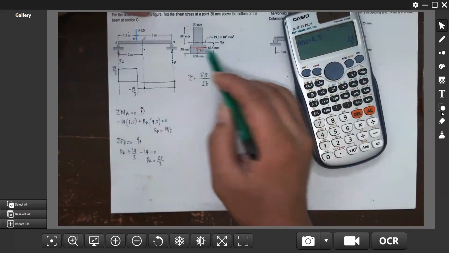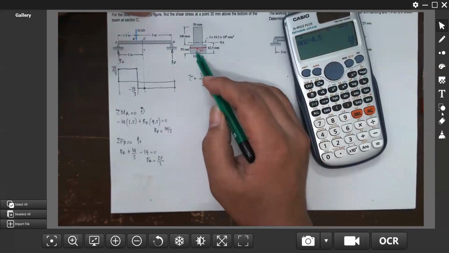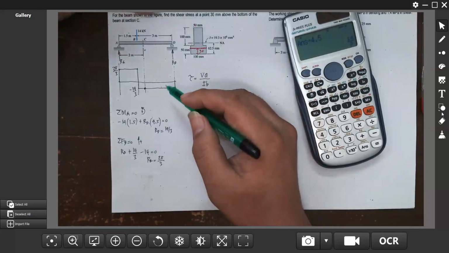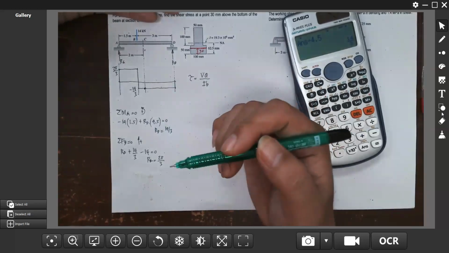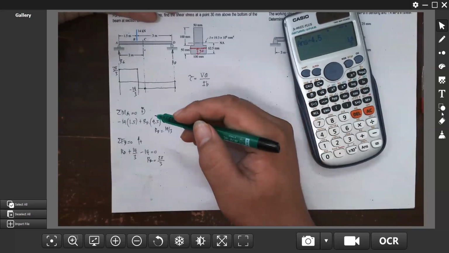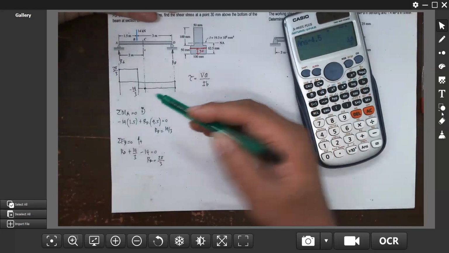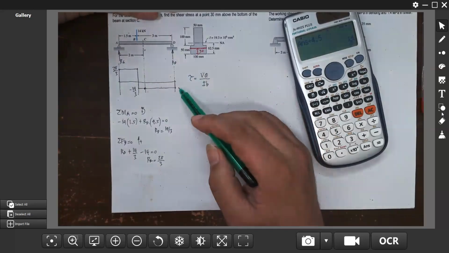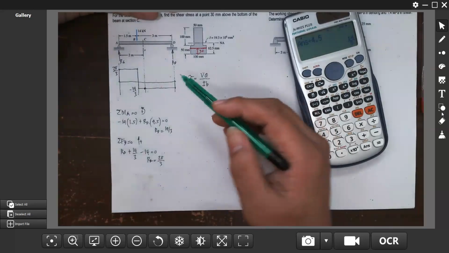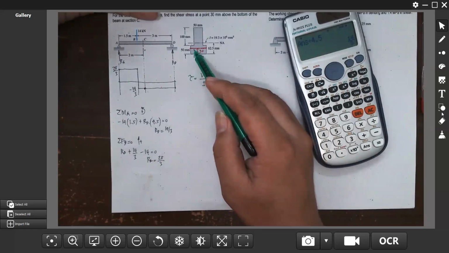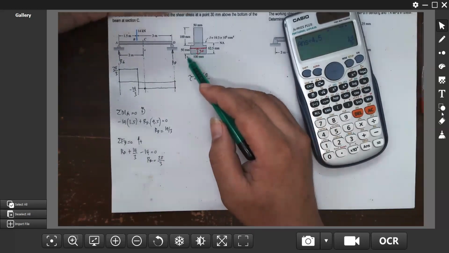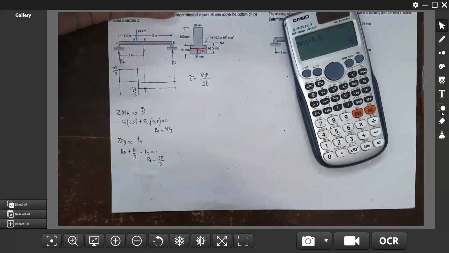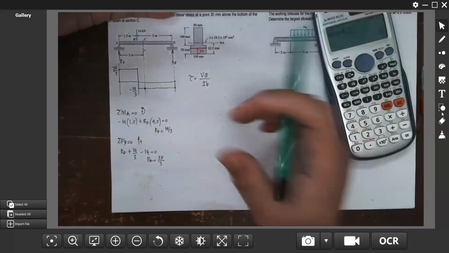If you consider below, the sign of your Q is negative. If above, positive. But the magnitude is the same. So at least, given a particular problem, you know already what to consider, either above or below the cutting section.